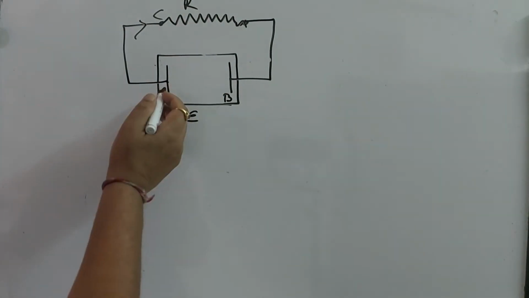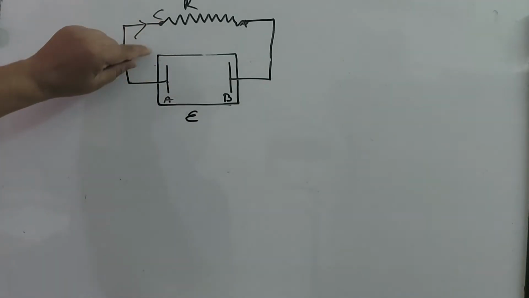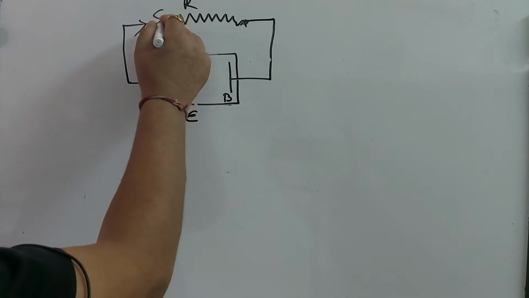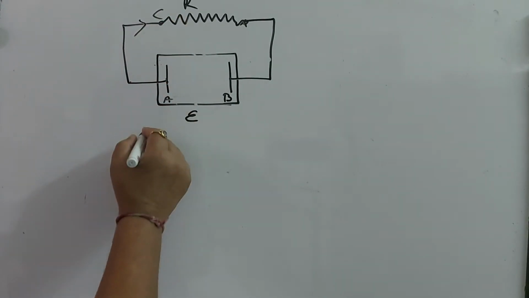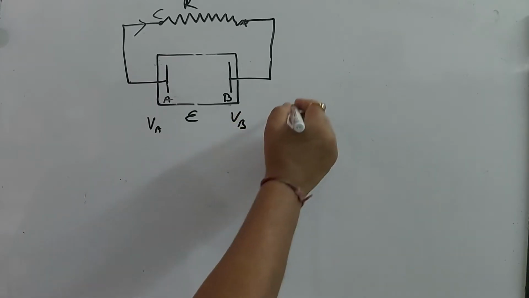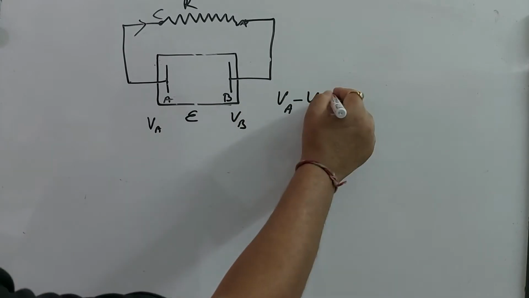Now there will be no potential drop across this connecting wire, because it has no resistance. So the potential at this point and this point will be the same. This is having potential VA, suppose, and this is having VB, and VA minus VB in this case is equal to EMF.